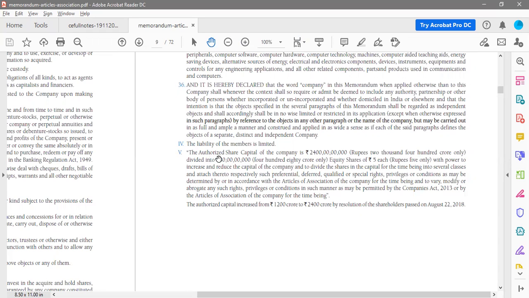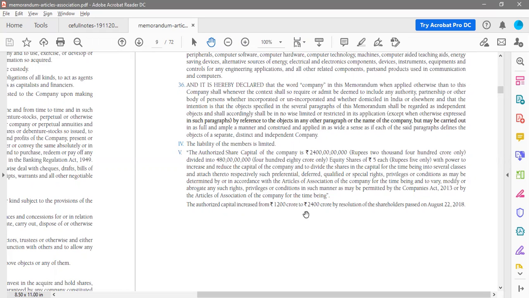Now if you see in this particular company, the authorized share capital is 2400 crores. Before, the authorized capital was 1200 crores, later they changed it to 2400 crores. So there is the option of increasing the authorized capital.